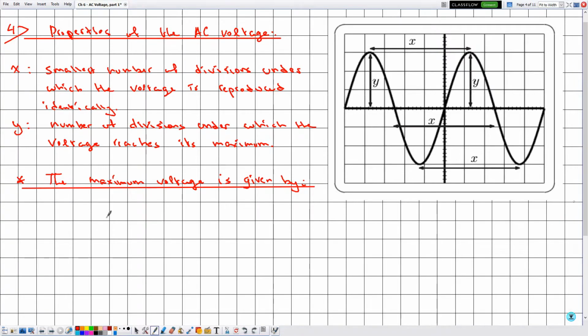In this case the maximum voltage is given by U max equal to SV multiplied by Y.